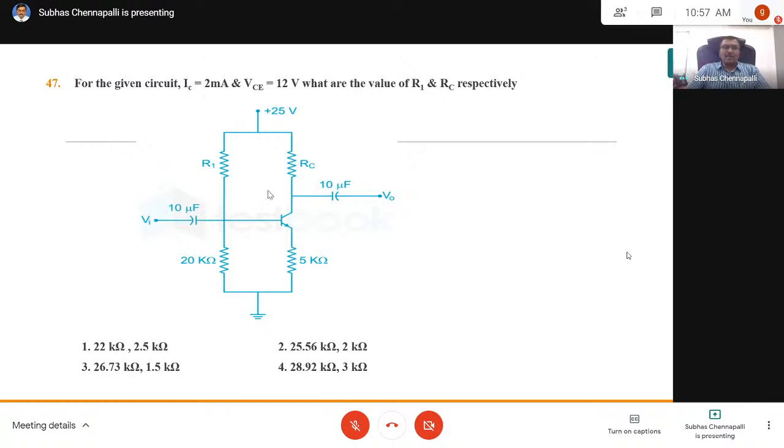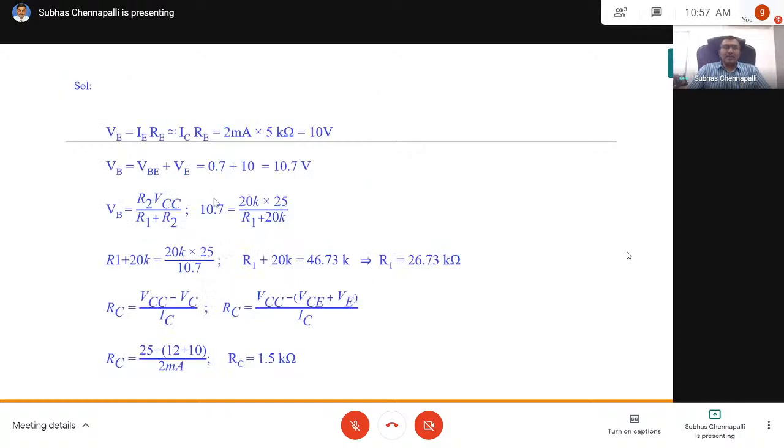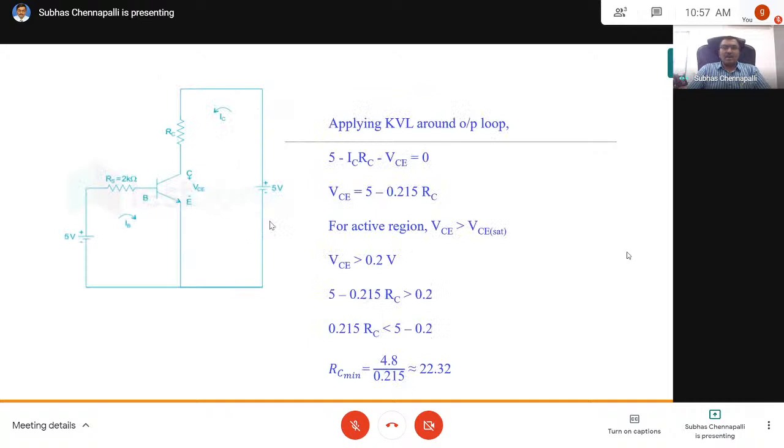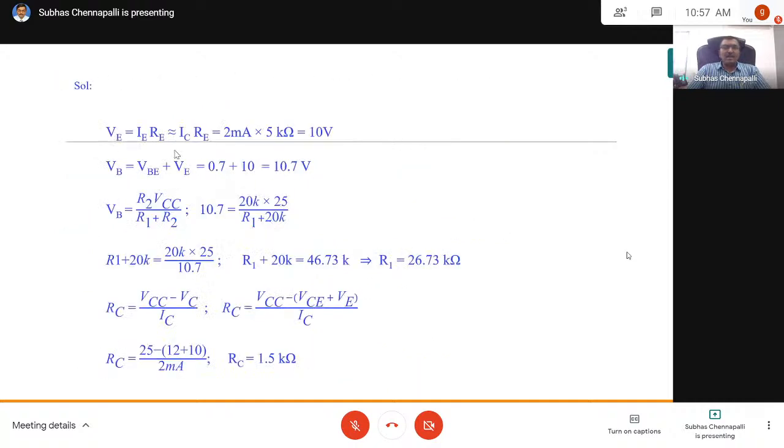So let us go ahead. VE is equal to the voltage here, IE RE, approximately IC RE. IC is given as 2 milliamperes. So VE is equal to 10 volts.